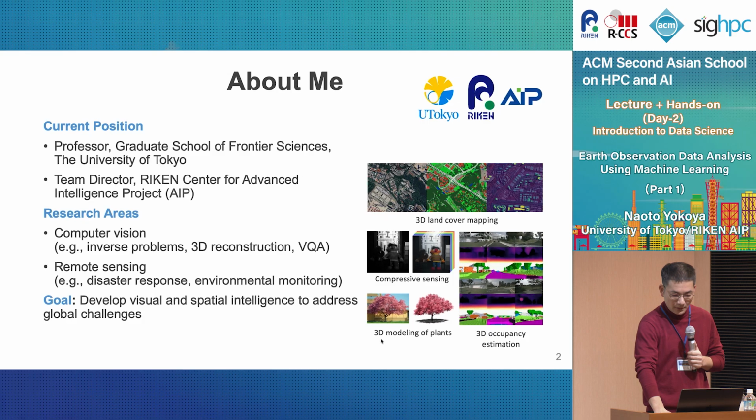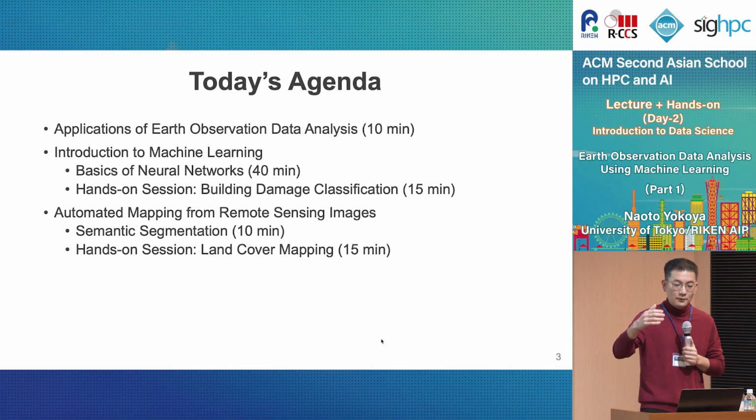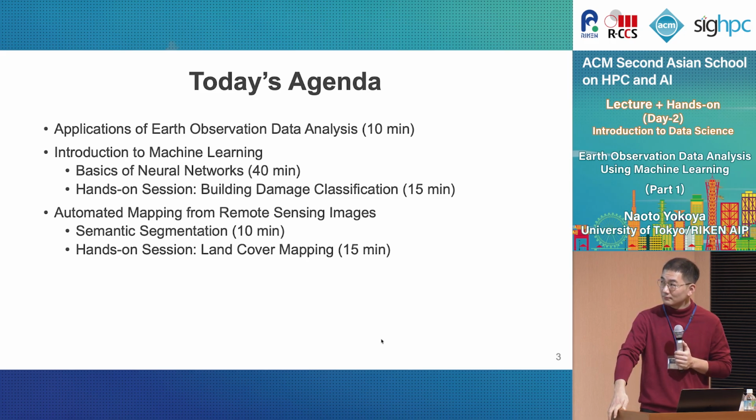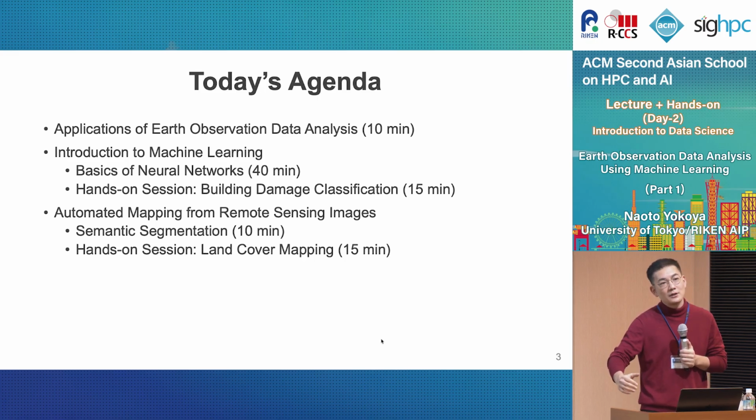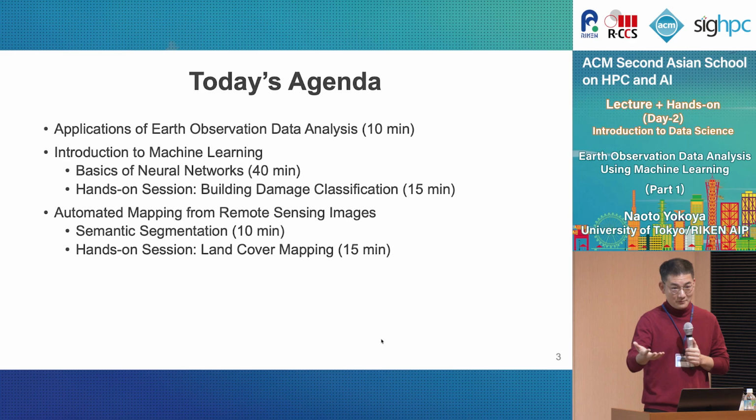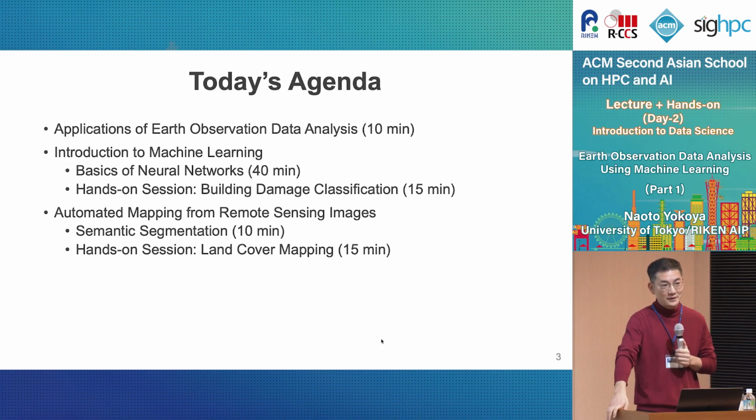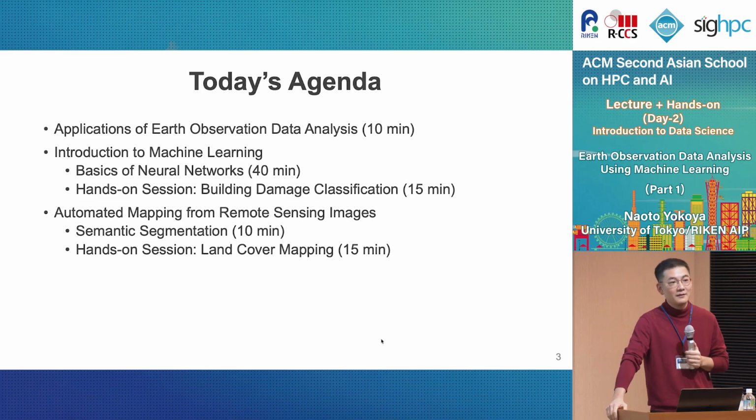Today's topic is, firstly, I would like to briefly introduce some applications of machine learning in Earth observation, very briefly, and then go to the basics of machine learning, particularly neural networks. I already got some background of you, and it's written that 32% of you are very experienced scholars in machine learning.